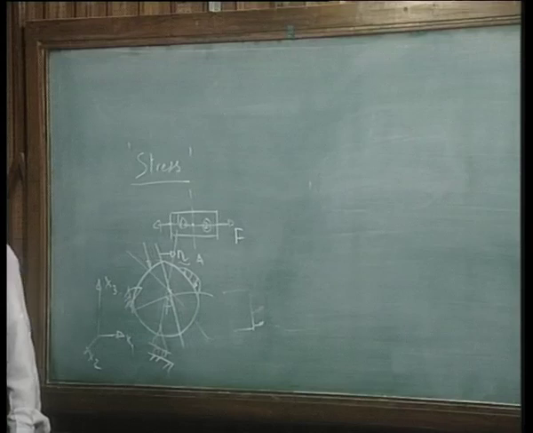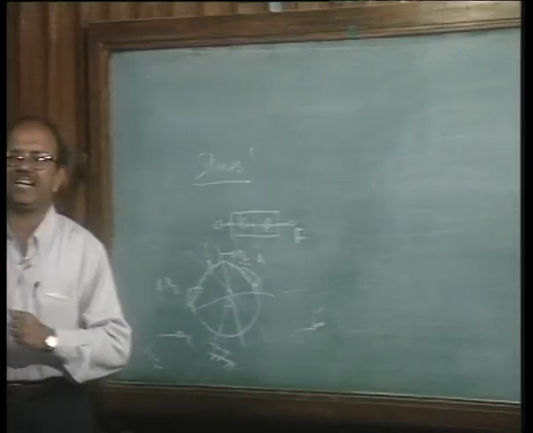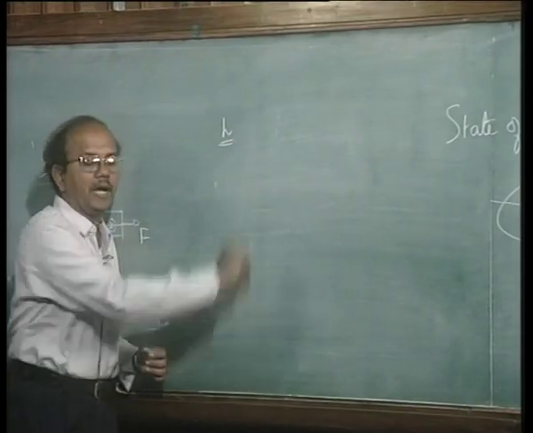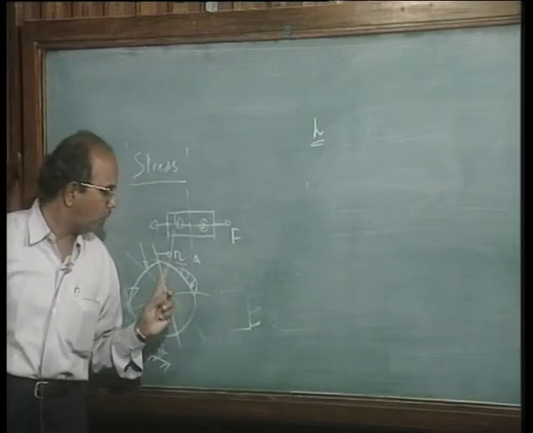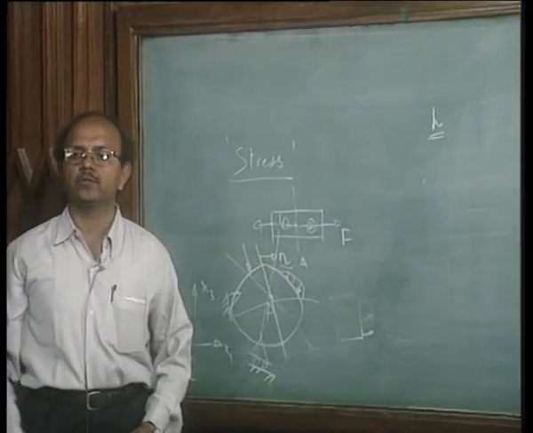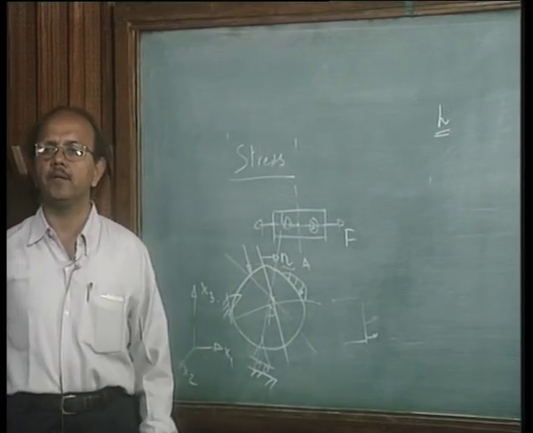In order to do that, let me construct a small tetrahedron with a height h about this point P. How am I going to construct a small tetrahedron at this point P?